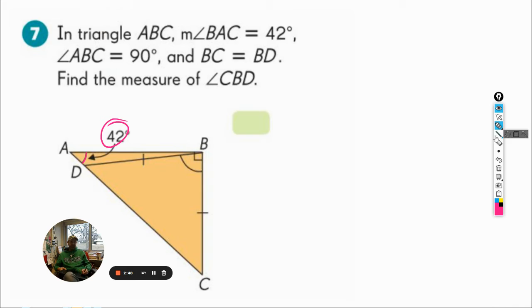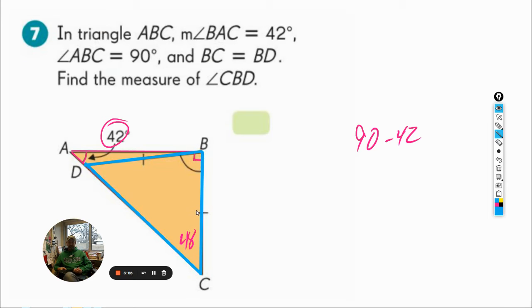So I'm going to look at the bigger triangle because that's where I have information I can work with. In this pink triangle, I have an angle here that's 42. I have a right angle here. So that means 90 minus 42 will give me the 48 here. Okay. Now that I've got that, what I can do is look at this BDC triangle.